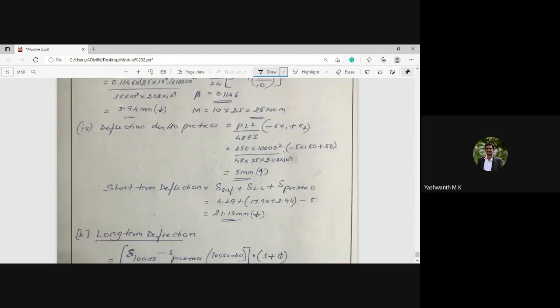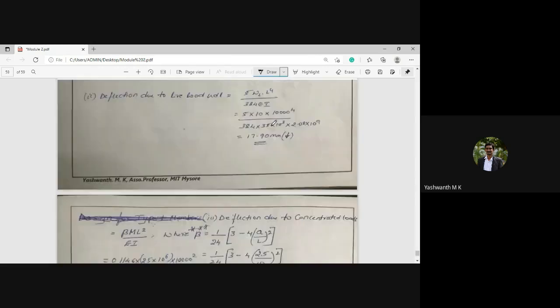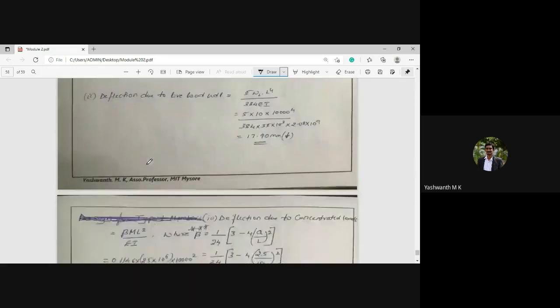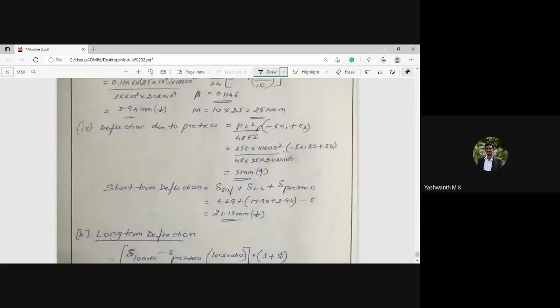So next, deflection due to the pre-stress, that is PL square by 48 EI. Why have I used this formula? Because it is the parabolic, that is, I can say the varying eccentricity or eccentric anchors. For this particular case, the formula will be PL square by 48 EI multiplied by minus 5 E1 plus E2.